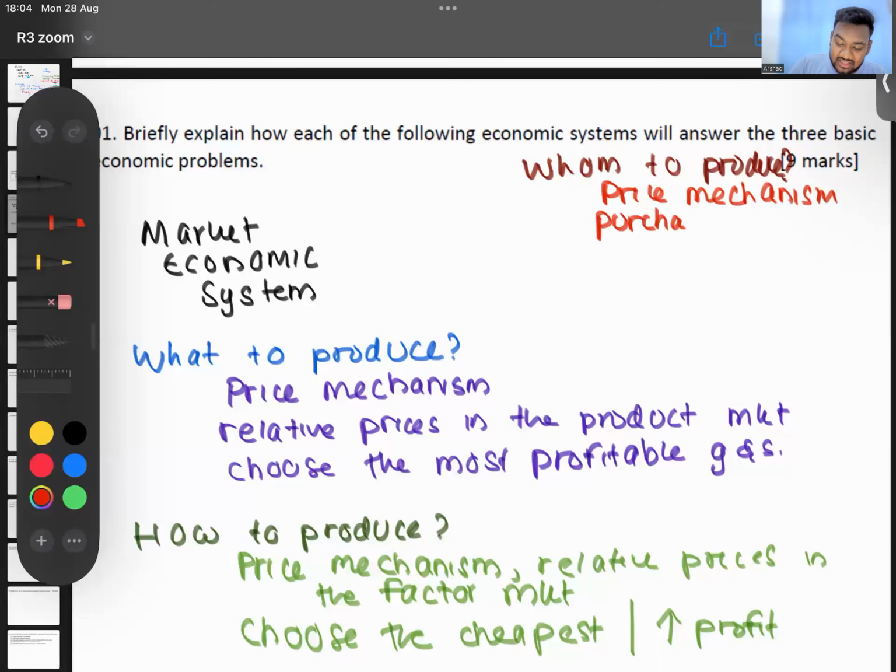That's the other keyword that you have to highlight. So whoever has the purchasing power can get the goods in a market economy.